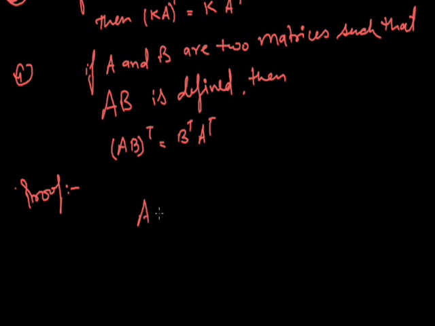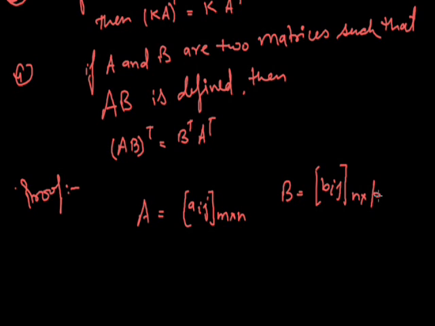Let A be the matrix Aij of order m by n, and B the matrix Bij of order n by p. If we multiply AB, then the resultant matrix order is m by p.